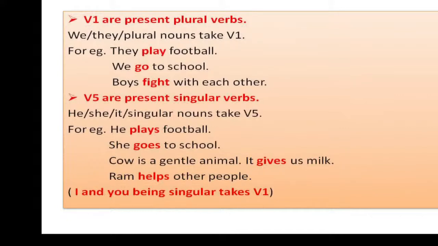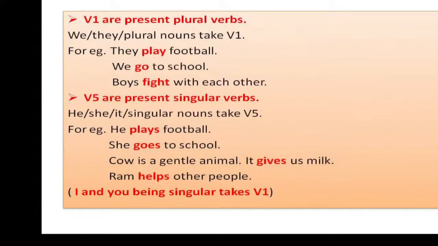They is a plural pronoun, so it has taken what? Verb 1, that is play. They play football. Likewise, we is a plural pronoun, so it has also taken verb 1, go. We go to school. Boys is what? Boys is a plural noun. So, boys has also taken verb 1. Boys fight with each other.